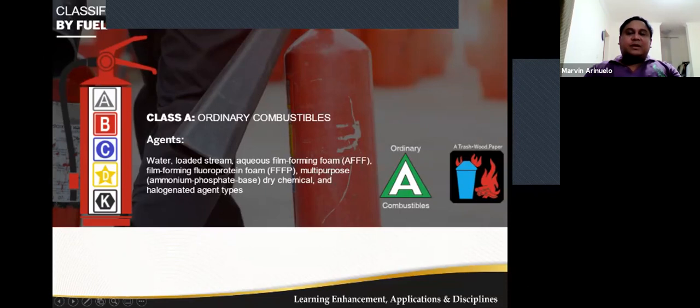The portable fire extinguishers listed for Class B fire include carbon dioxide, dry chemical, foam systems such as AFFF and FFFP, and halogenated agent.